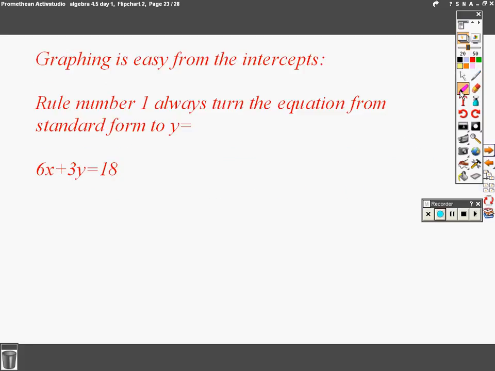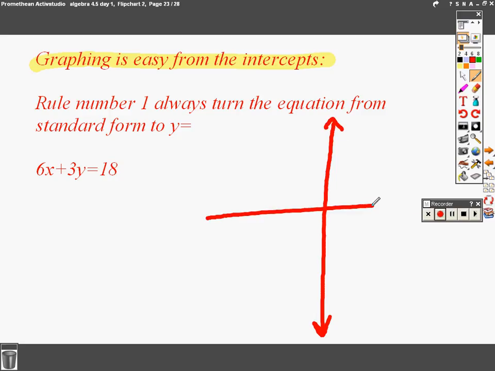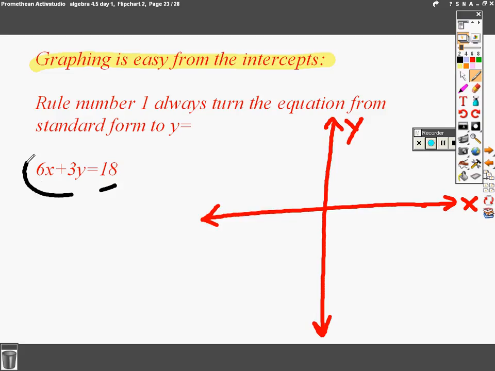This makes it very, very simple to graph from the intercepts, because let's just pretend for a second that we have a graph. Here's my x-axis, here's my y-axis. And then I have an equation. Well, what we can do is find the x and y intercept of that graph.